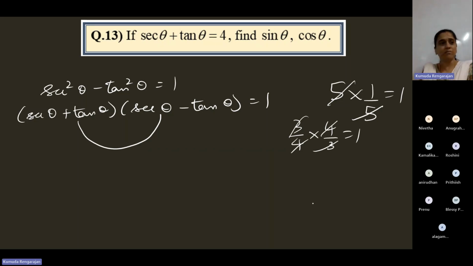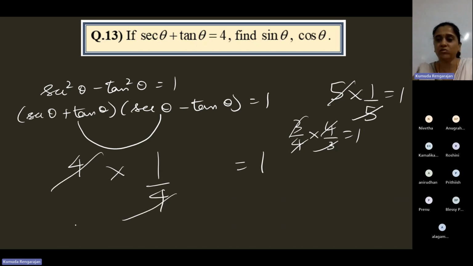The product of any number and its reciprocal is 1. Don't consider 0. Don't say 0 into 1 by 0. Okay, so the product of a number and its reciprocal is 1. Yes or no? So if secant theta plus tan theta is 4, what should this be so that the product is 1? It has to be 1 by 4. Then only the product is 1.